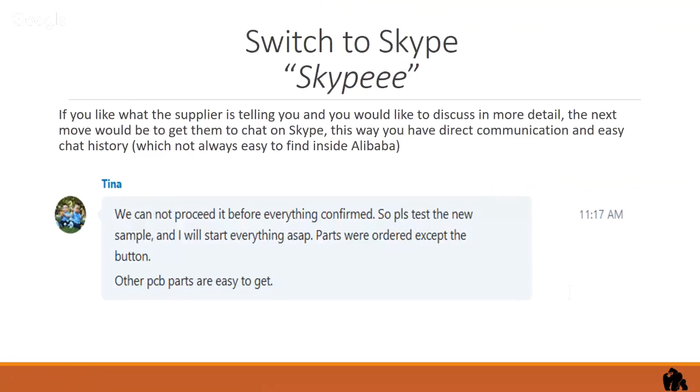If you'd like to continue discussing with a particular supplier, and you like what they're telling you with respect to what they can do, the next thing is to move over to Skype, because most of us have got Skype, and it's very quick to have a conversation in Skype. Also, it's quite easy to look back at the chat history as opposed to going back and trying to find which supplier you were talking to, which one had the right information inside the Alibaba chat system. That's a lot easier to track and monitor on Skype.